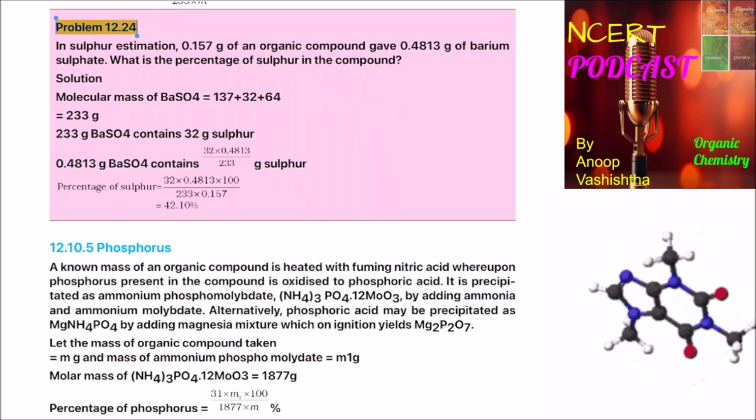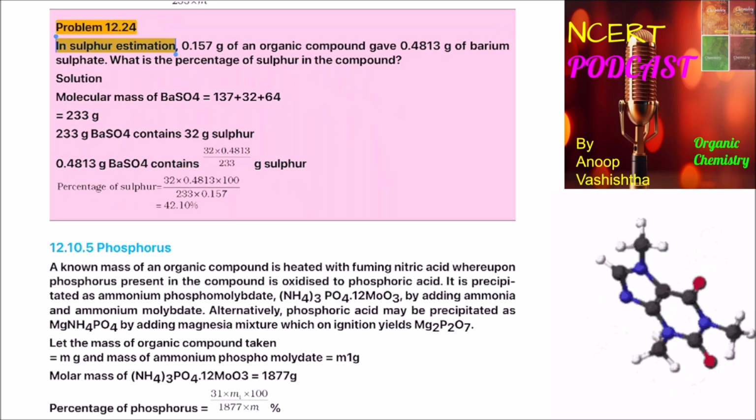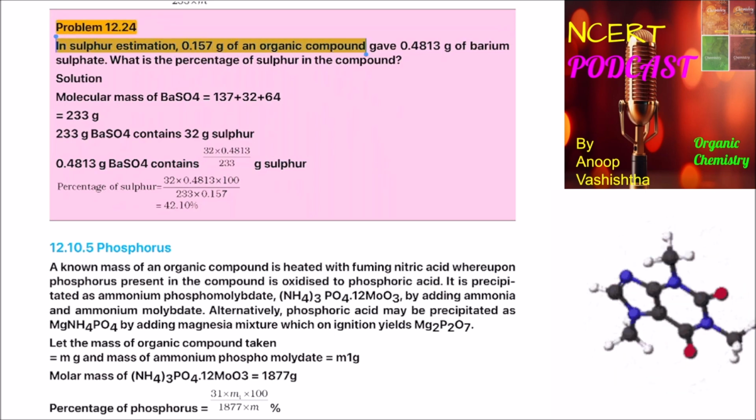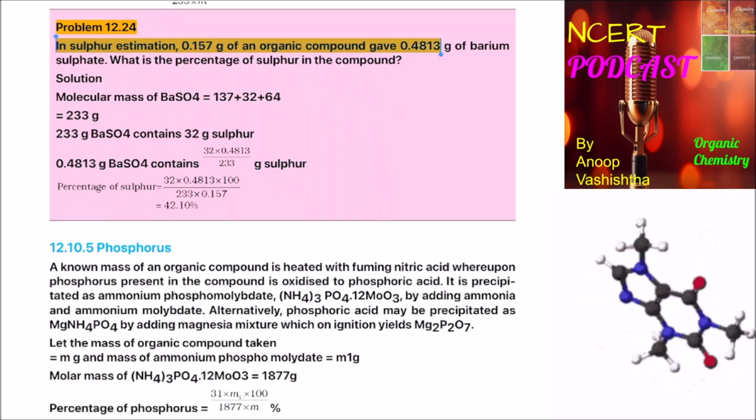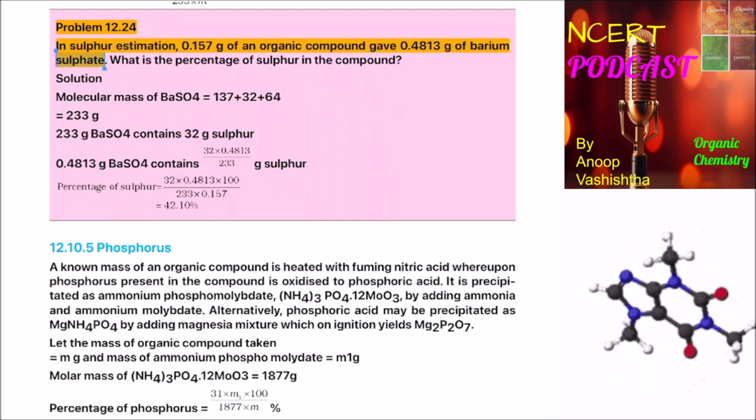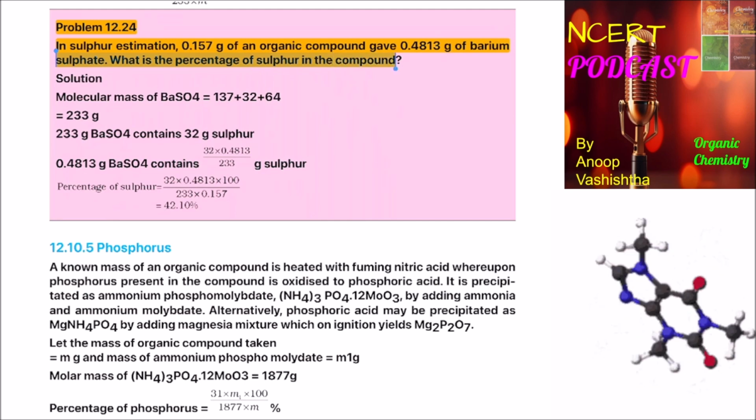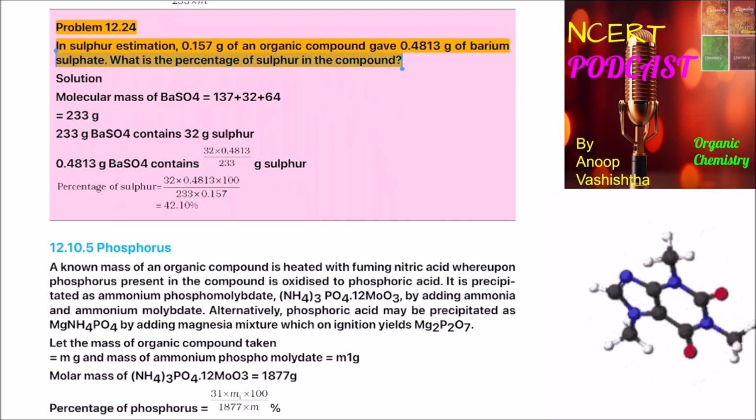Problem 12.24. In sulfur estimation, 0.157 gram of an organic compound gave 0.4813 gram of barium sulfate. What is the percentage of sulfur in the compound? Solution.